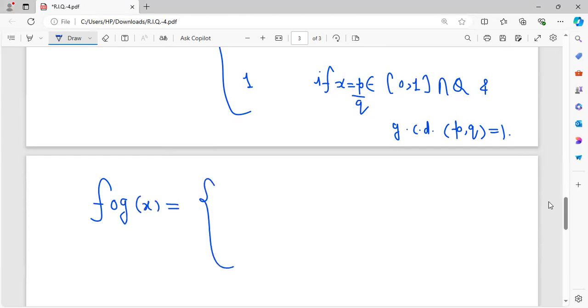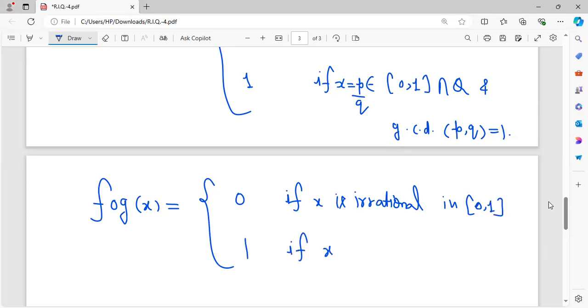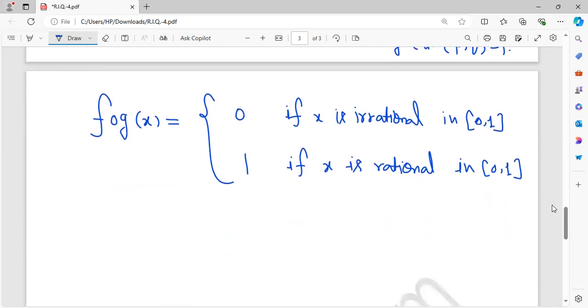This is 0 if x is irrational in the interval [0, 1], and it is 1 if x is rational in the closed interval [0, 1]. So this f composed g is a Dirichlet function.